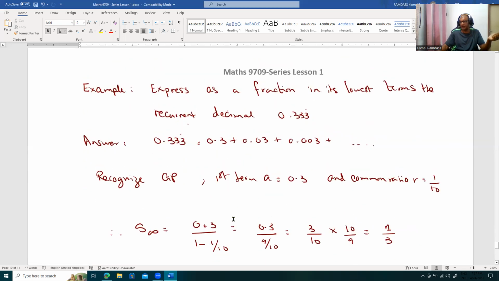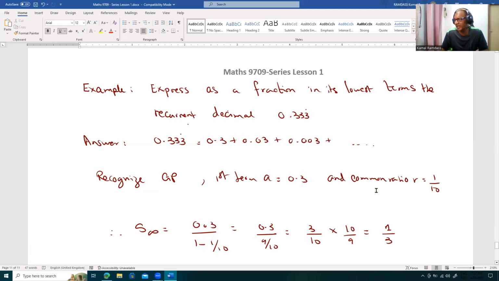Bon, ici, un exemple. Expressed as a fraction in its lowest term, the recurrent decimal 0.333. Bon, 0.333, c'est 0.3 plus 0.03 plus 0.003. Il y a les mêmes comme ça. Ça veut dire là, geometric progression, nous pouvons recognize ça. First term est 0.3.